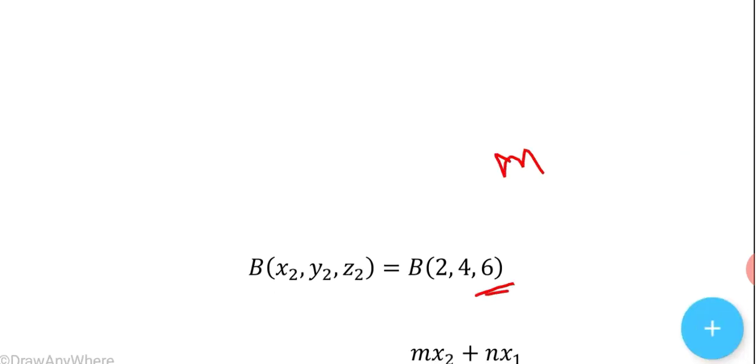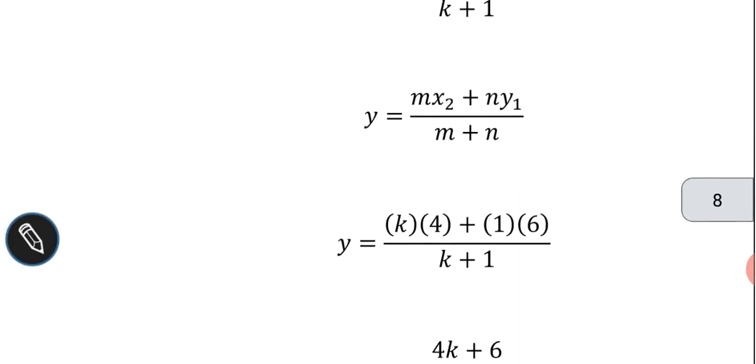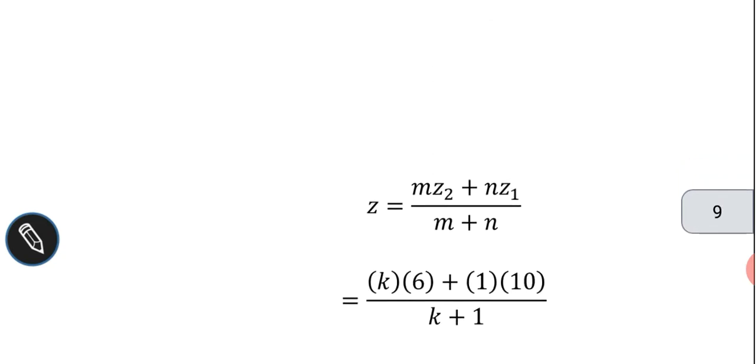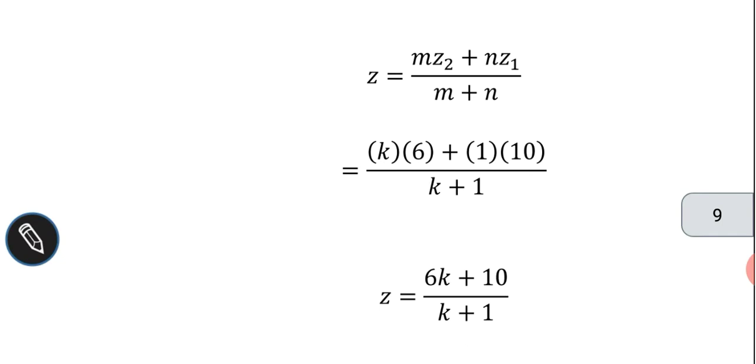For m we have k, for n we have 1. So z is equal to (6k plus 10) divided by (k plus 1).